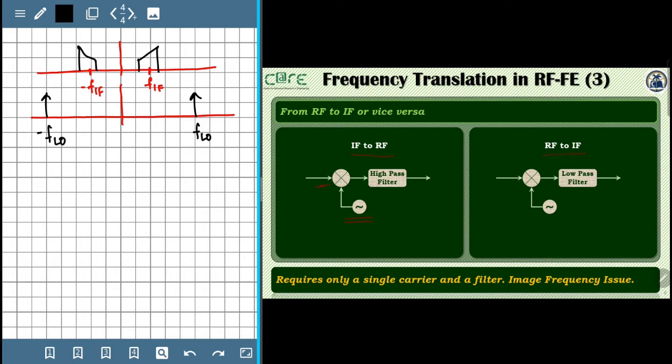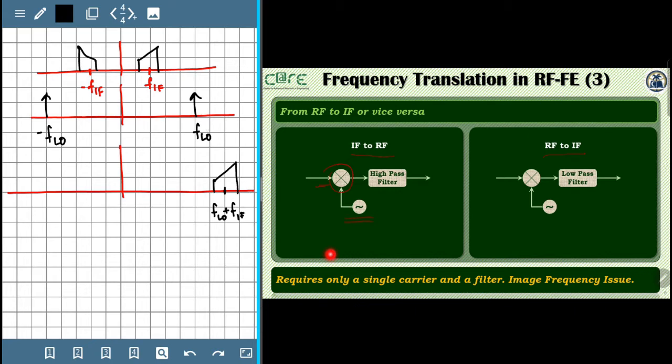And once these two signals are multiplied in time domain, the frequency domain spectra get convolved. The result of this convolution would be as follows. You will get a signal at F_LO plus F_IF, and the spectrum would look like this.